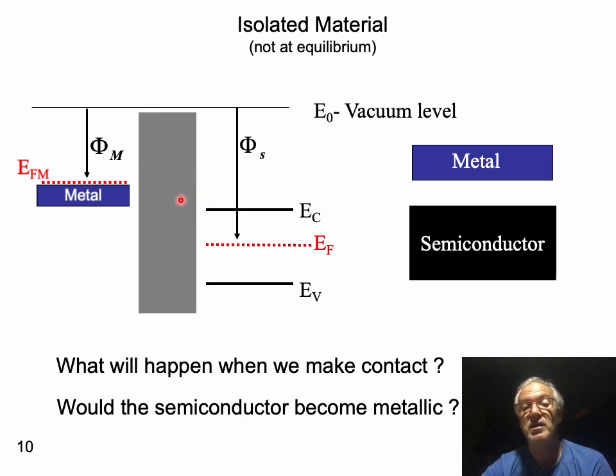From before we can assume that when the two touch there will be a lot of charges spilled into the semiconductor. The question is, will they be spilled enough to make the whole semiconductor metallic, or are they going to do something only at the interface?